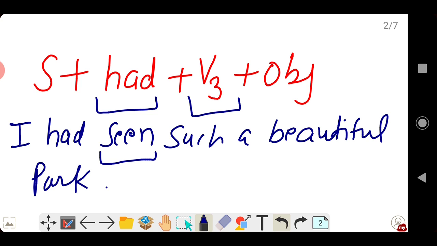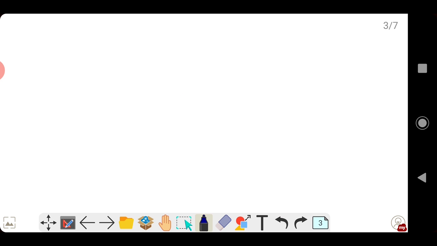We can use past perfect tense with simple past. If you don't know that, I will definitely let you know the examples, but let me make some simple examples first. I had seen such a beautiful park.